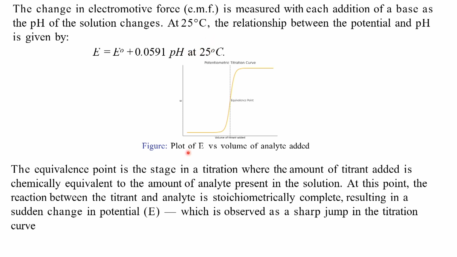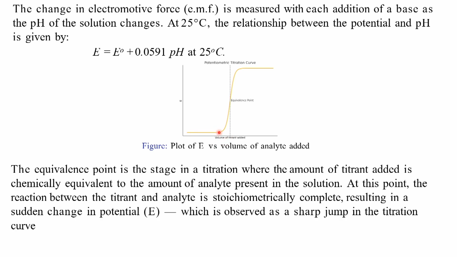Here is the schematic plot of E versus volume of titrant added. As the volume of titrant increases on this axis, we measure E on this axis. Initially there is no change in the EMF value as we increase the titrant amount.